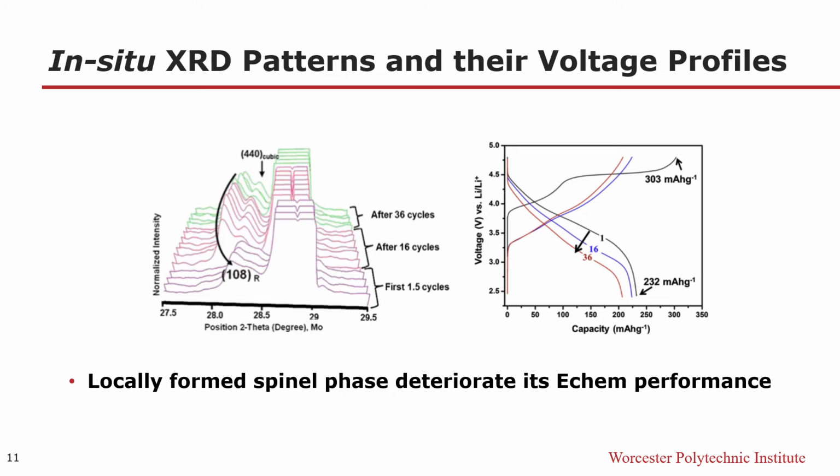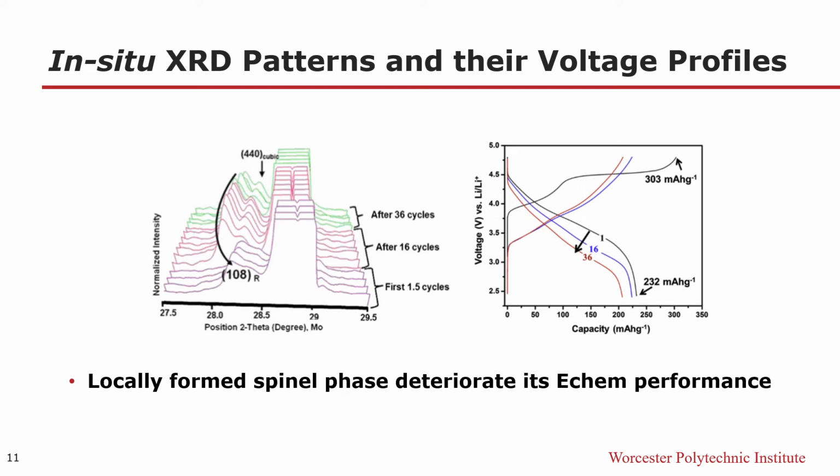However, interestingly, a new peak at around 28.5 degrees appears after 16 cycles during low voltage discharge in the D2 stage. This peak remains during low voltage charging and then disappears when charging beyond that voltage.